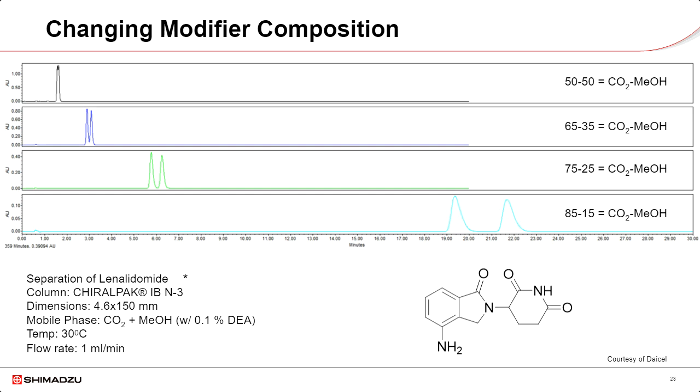Starting with 50% methanol CO2, there's very little resolution, if any. Up to 65%, you're starting to see reasonable resolution, 75% fully resolved, but when you go to 85%, again, it's fully resolved, but look at the difference in retention time.